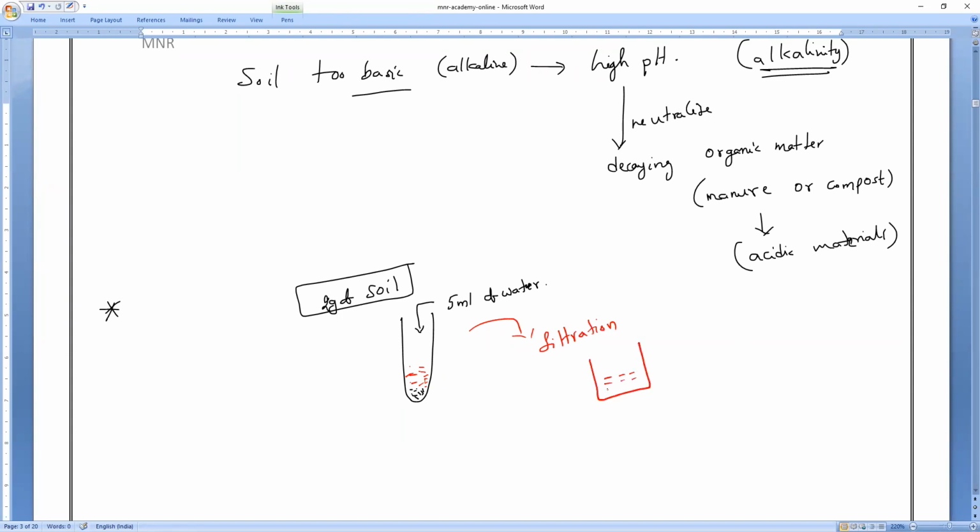Am I right, everybody? So filter the contents of the test tube through the filter paper and collect the liquid. If you collect the liquid by filtration, we call it the filtrate. Understanding? So get the filtrate by passing it through the filter paper.